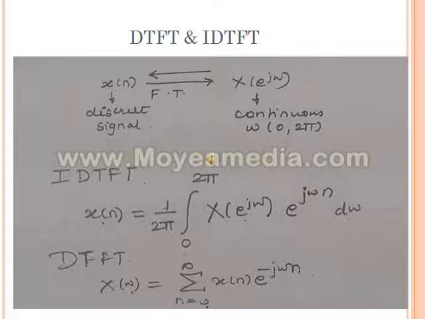That is x[n] equal to 1 by 2 pi, integration from 0 to 2 pi, X of e raised to the power j omega, times e raised to the power j omega n, d omega. So DTFT again, that is X of omega, is equal to summation n equal to minus infinity to infinity x[n] e raised to the power minus j omega n.